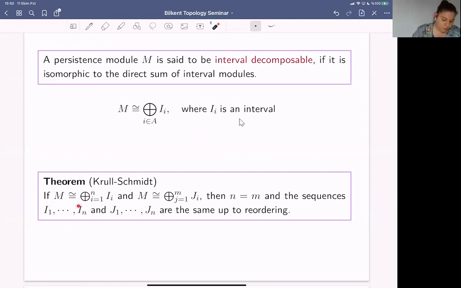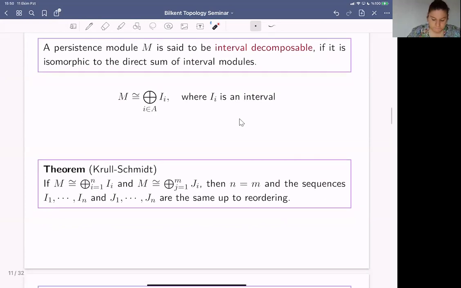I mean, if M is isomorphic to the direct sum of these interval modules, and M is also isomorphic to the direct sum of those interval modules, then the intervals are the same up to reordering. So the representation is unique.